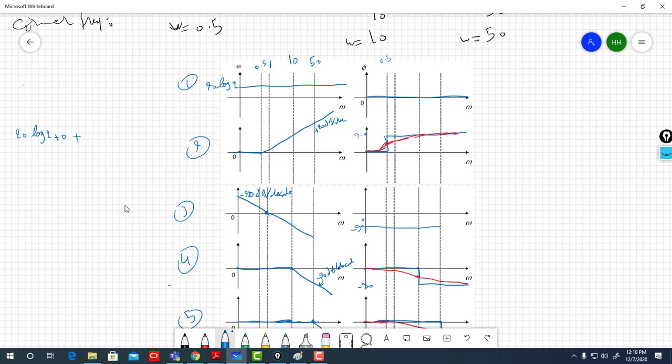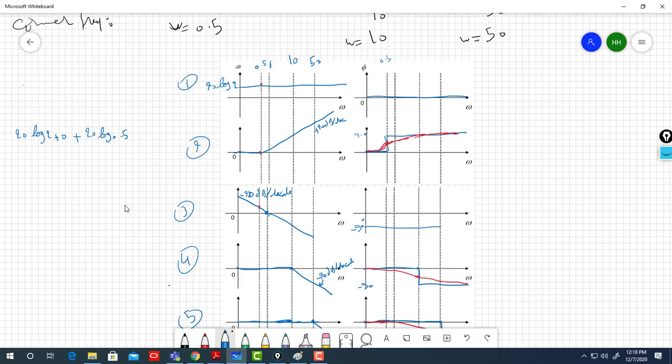From 3 you have AB, so here 20 log of 0.5 if I'm taking it at this point, 20 log of 0.5, plus 20 log of 0.5.